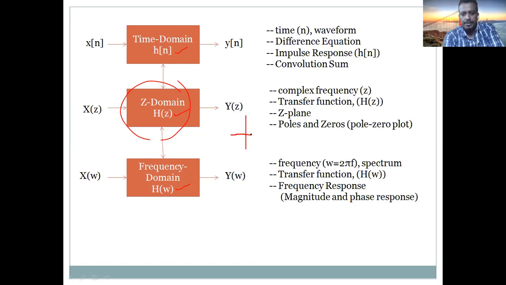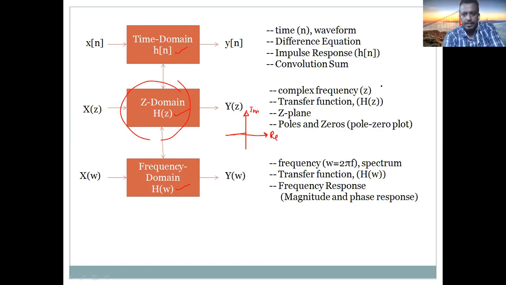Z plane, because Z is a complex frequency variable, we have the real part, real axis, and we have the imaginary axis here. Because Z is a complex frequency variable, this plane we call the Z plane.